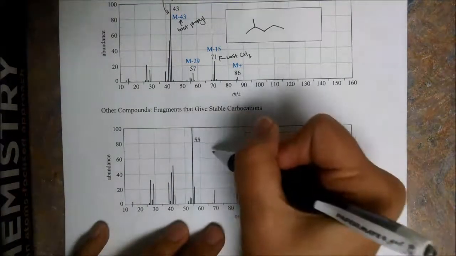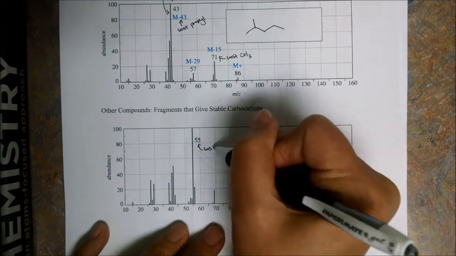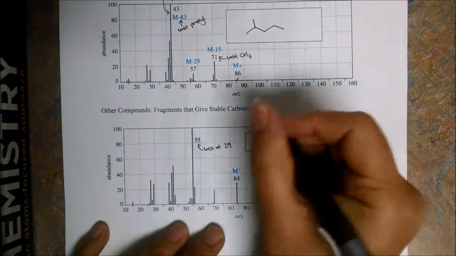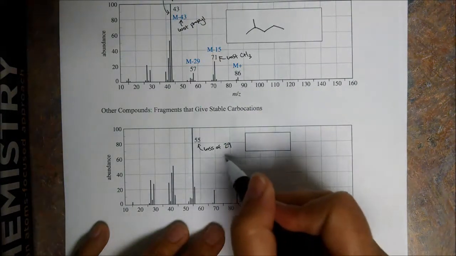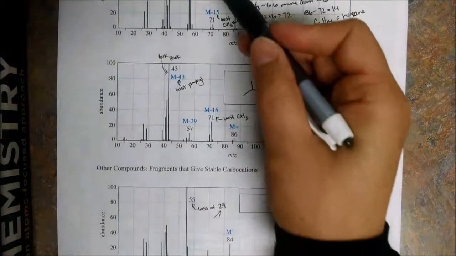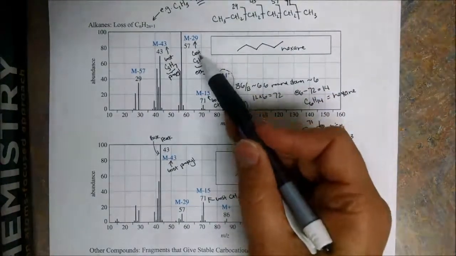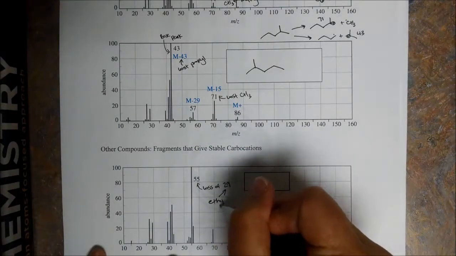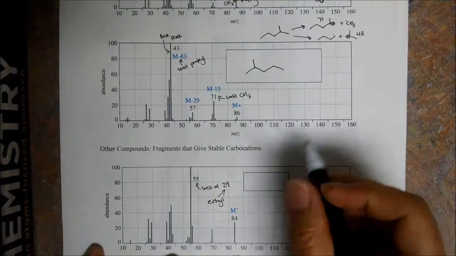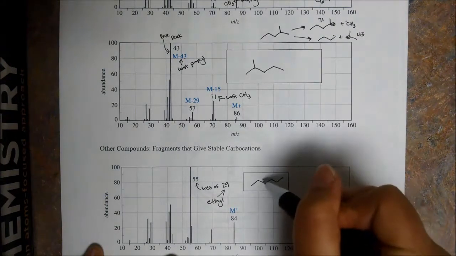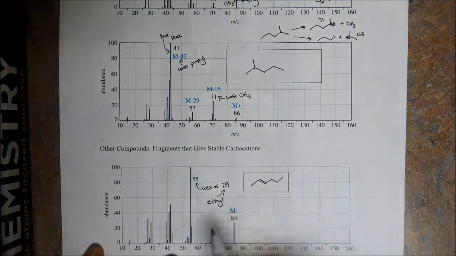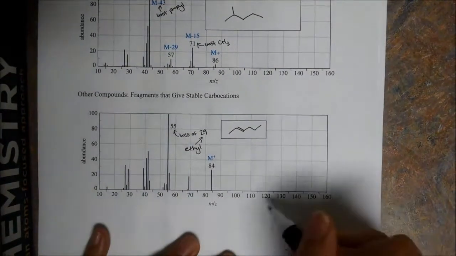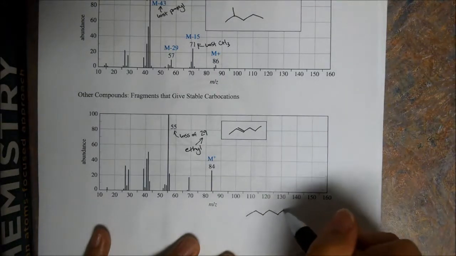So here you can see this was a loss of 29 units. What does this correspond to? Go all the way up here. Loss of 29, ethyl. Okay, this mass spectrum actually corresponds to this structure. And so the base peak, the loss of an ethyl, actually makes sense if we think about the carbocation that we can form.